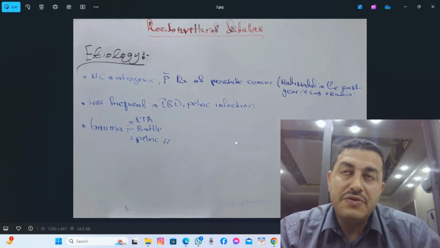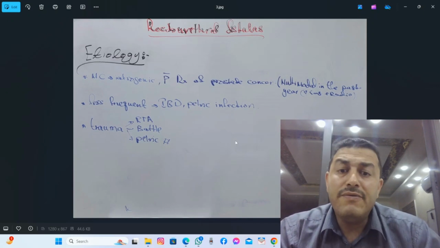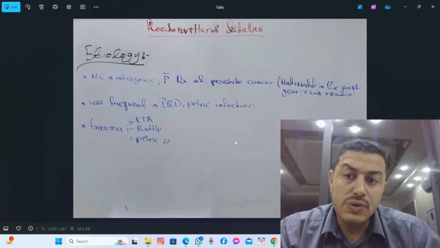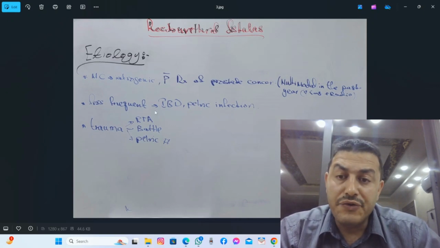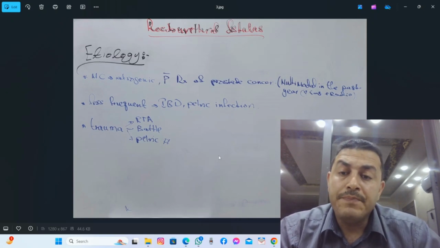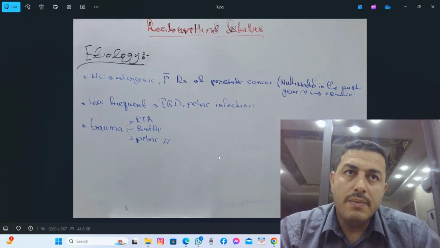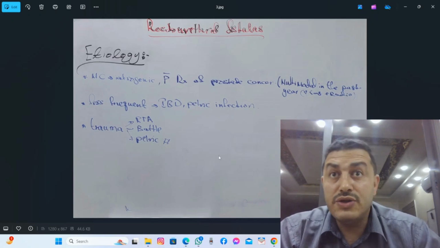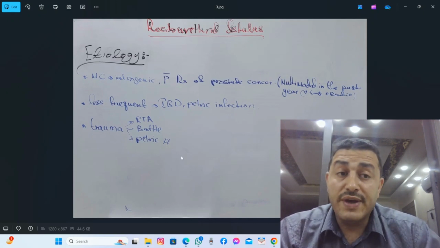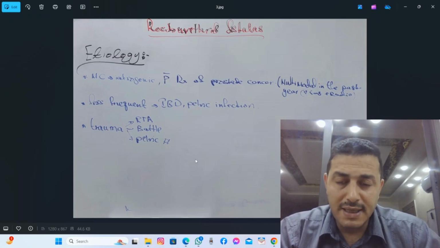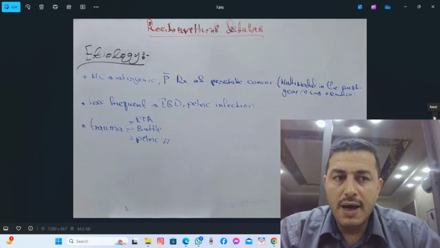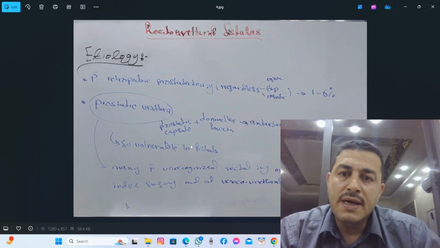Also, we have to keep in mind inflammatory bowel disease and pelvic infection, but in a less frequent manner. Trauma to the perineal region due to road traffic accident or pelvic fracture is also part of the etiologies.